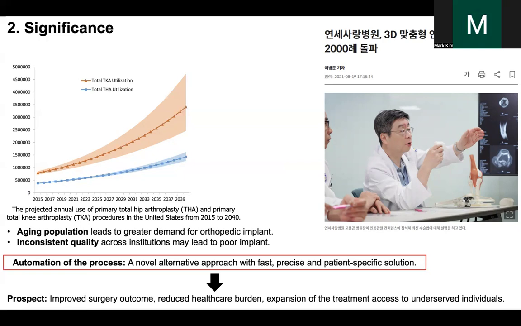So, to deal with these, I suggest automation of the process, which will provide a novel alternative approach with fast, precise, and patient-specific solution.